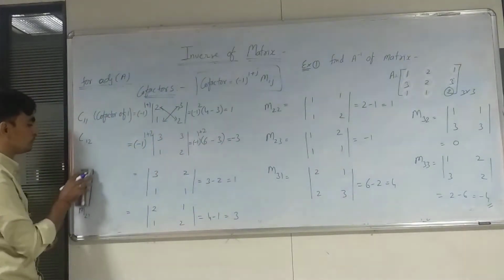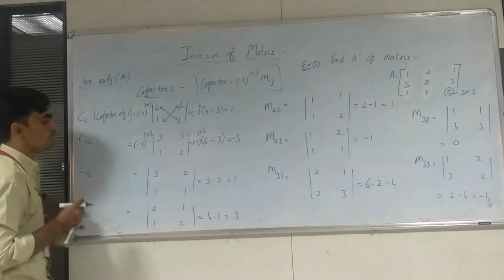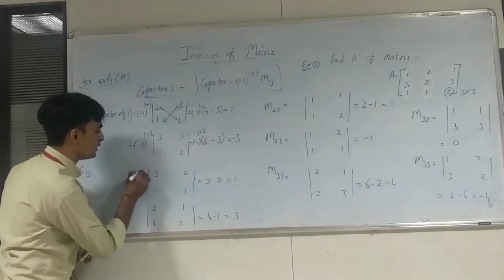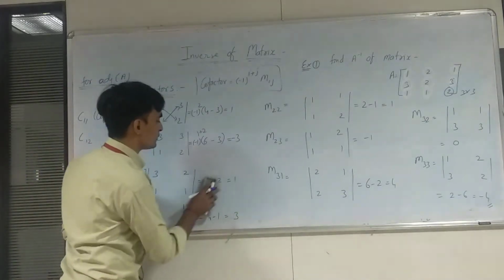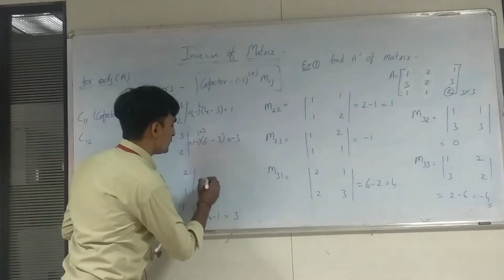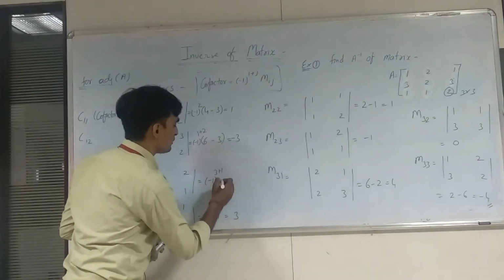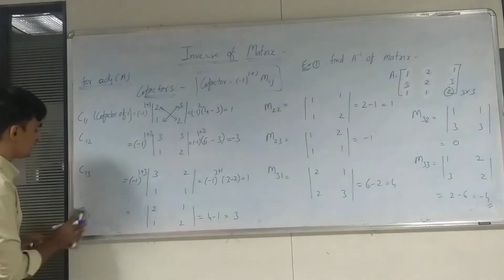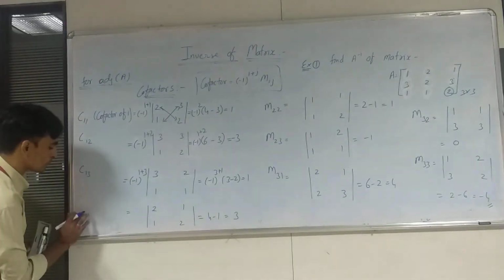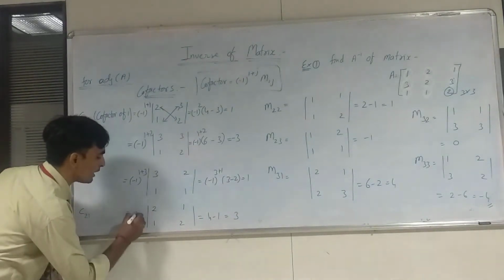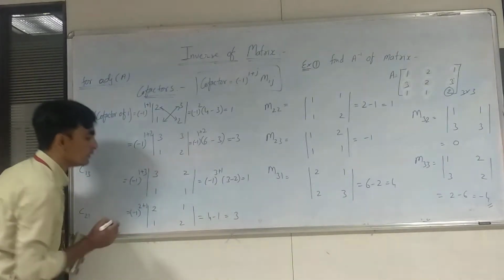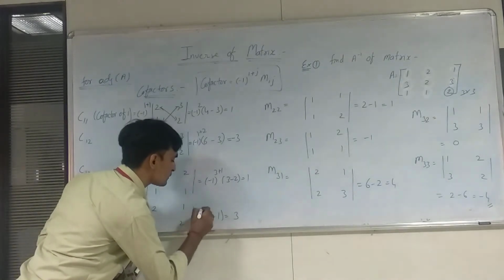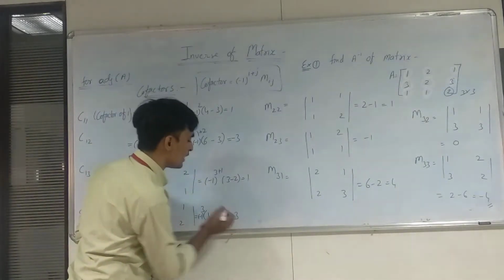Same way C13 gives you minus 1 power 1 plus 3, minus 1 power 4, so it is 1. Same way C21 is minus 1 power 2 plus 1, minus 1 power 3, so it is minus 3.